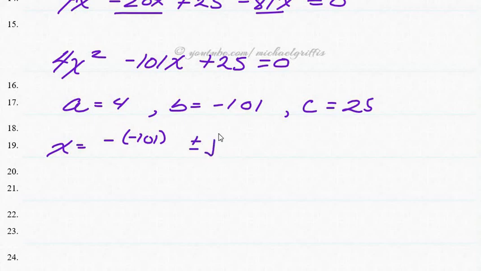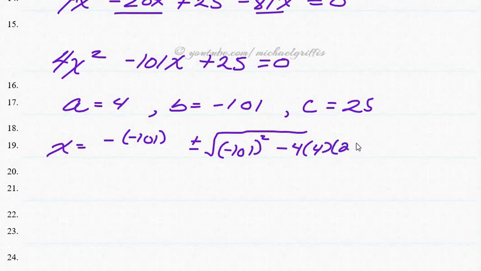Plus or minus. Okay, so that's going to be negative 101 squared minus 4. So A is 4. And C is 25. Bring that out a little more.